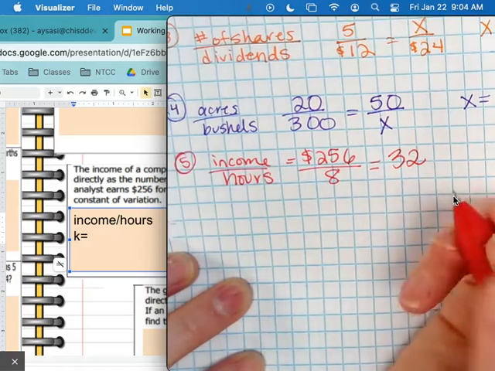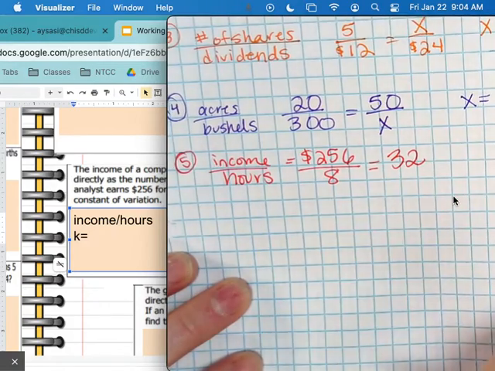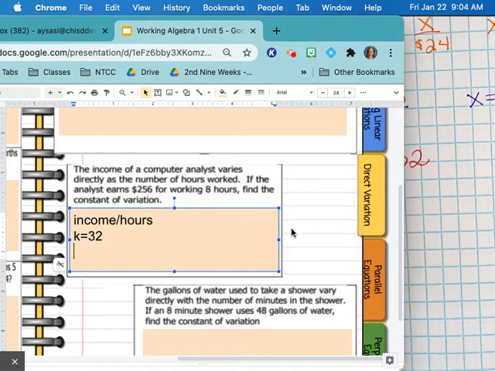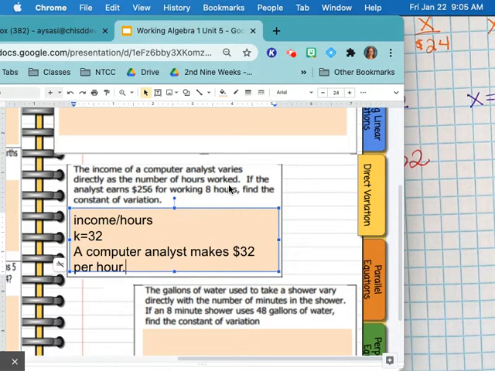Very good. A computer analyst makes $32 an hour. Pretty good income. Okay, equals 32. A computer analyst makes $32 per hour. Because it's 256 for 8, we divided, so that gets our hourly rate.